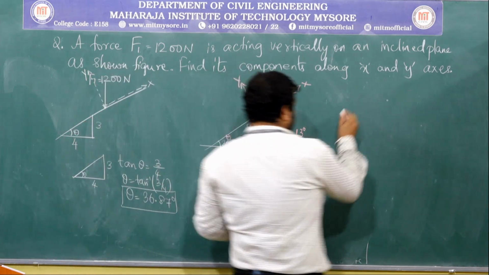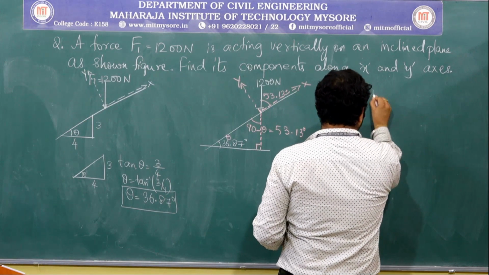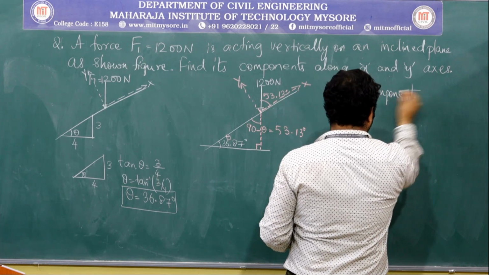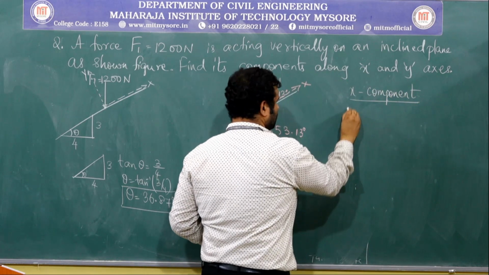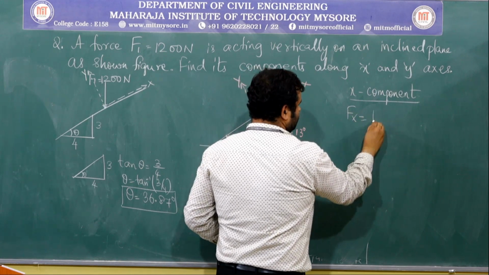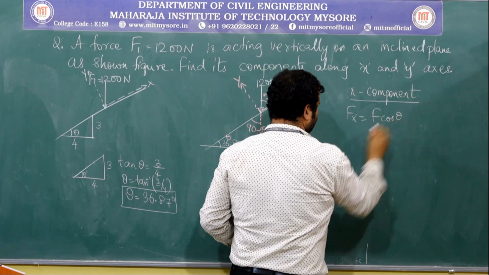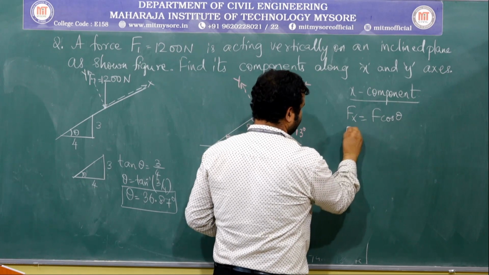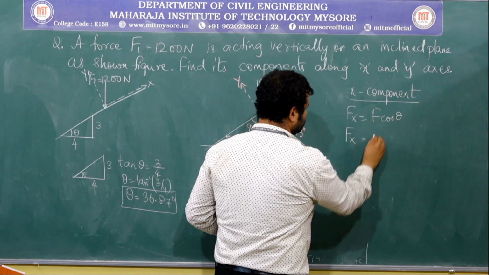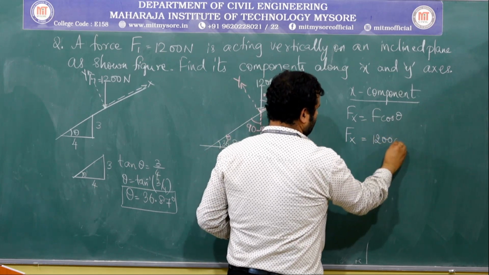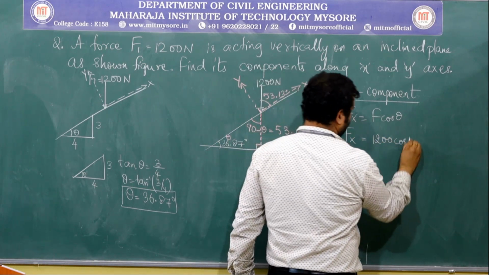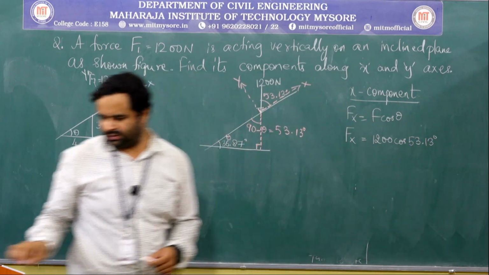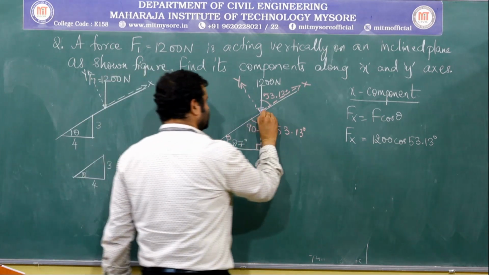So, x component is nothing but fx equals f cos theta, where what is fx? It is fx equals 1200 cos 53.13. Now let me write the result force.